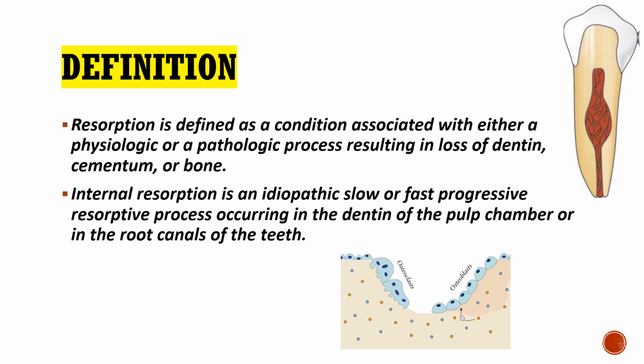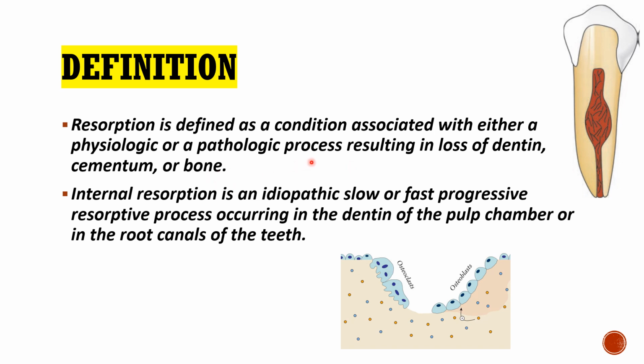So starting with the definition of resorption or internal resorption. Resorption in general is defined as a condition which is associated with either a physiologic or a pathologic process. Physiologic is whenever the tooth is forming. At that time something happened with the cell with the formation, and because of that resorption occurred. Or it can be a pathologic process.